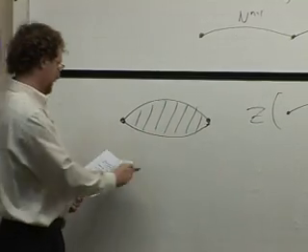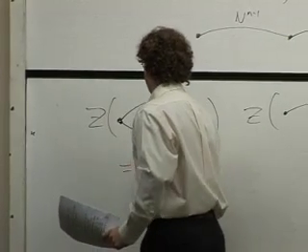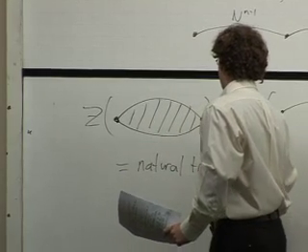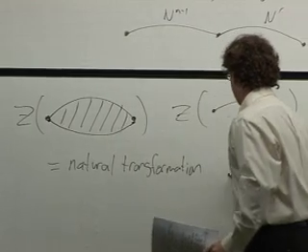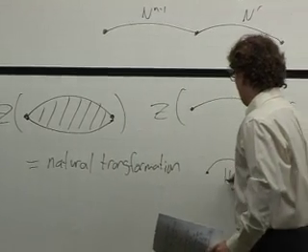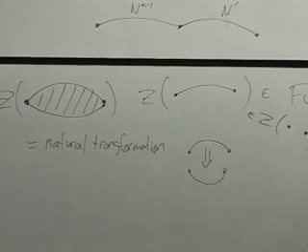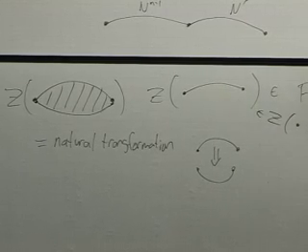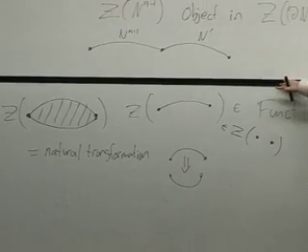And such a picture, Z of such a picture, should be a natural transformation from Z of this picture to Z of this picture. Okay, so this becomes a little cumbersome to write down all of these axioms, but hopefully this gives some kind of feeling of what level of structure we're talking about.